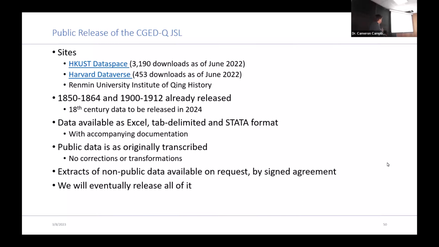So it's the data as transcribed, but we're also happy to make excerpts available if people come to us with a specific thing they want to work on. We'll consider a request, especially if people want to link to other data, like spatial data or something like that. So I think that's it.